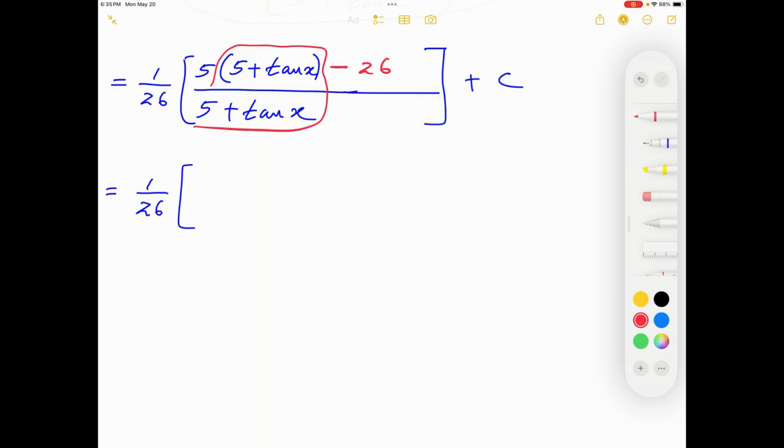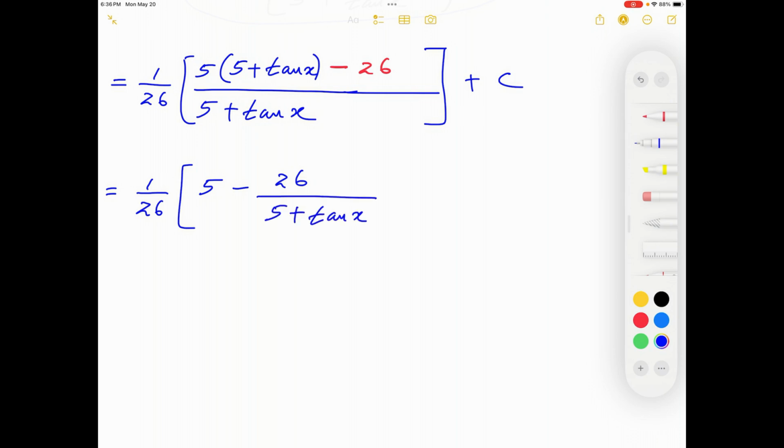When I group this part, I can see the 5 plus tangent x terms will be cancelled from the numerator and the denominator. Then I'm just left with a 5. And then I have this minus symbol. When I group these two pieces, there's nothing to be cancelled. I need to write them down as they are. I have negative 26 over 5 plus tangent x, and there's this plus c.